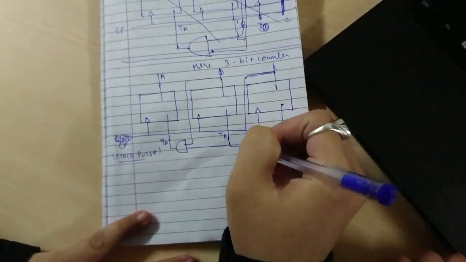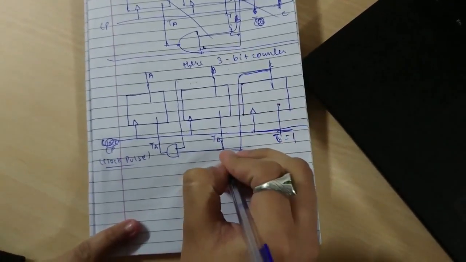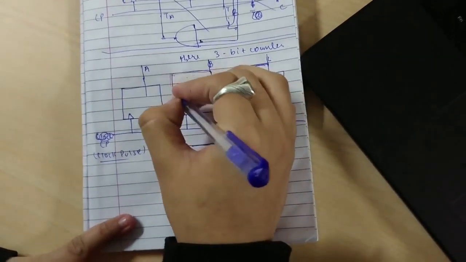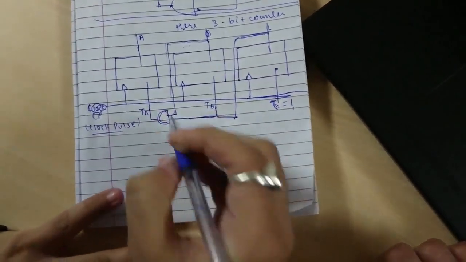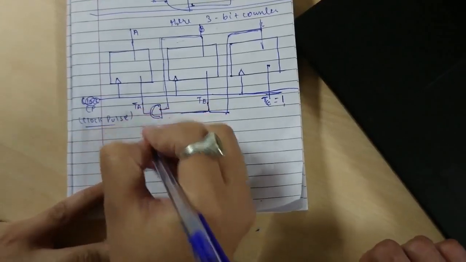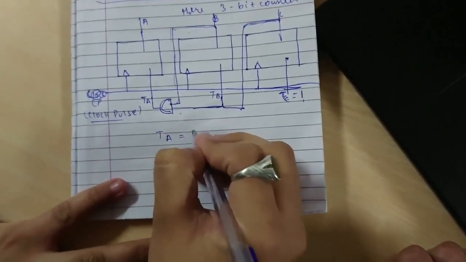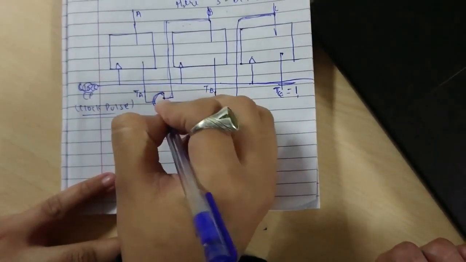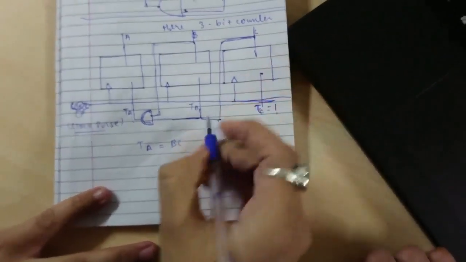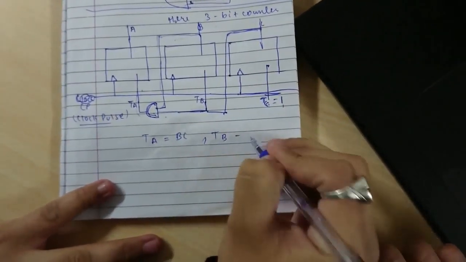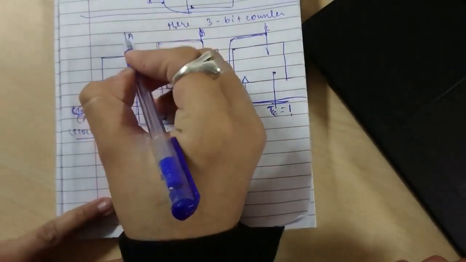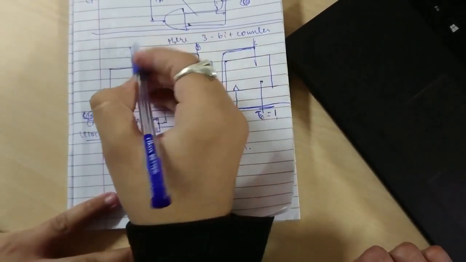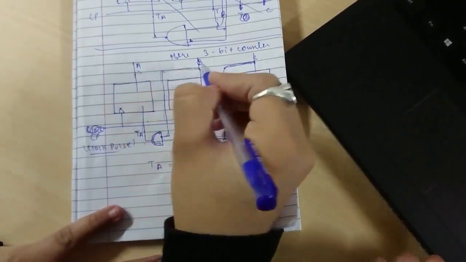First we take the C wire, and we take the wire of B, and connect them using AND. So TA has input BC, TB has C, and TC has 1. And you can see that we get outputs A, B and C.